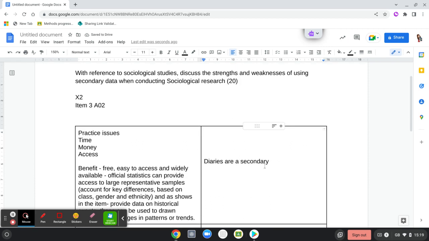Diaries produce secondary data, and Rose Neal uses these to gain an understanding of the everyday experiences of individuals in LAT relationships.